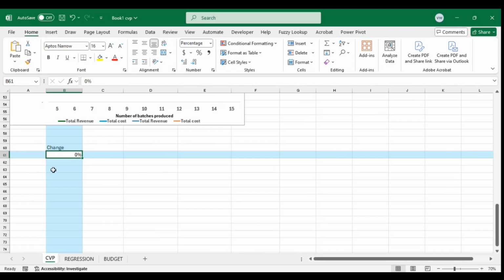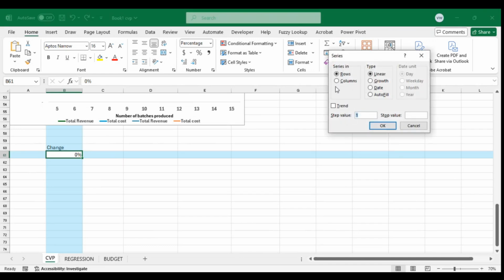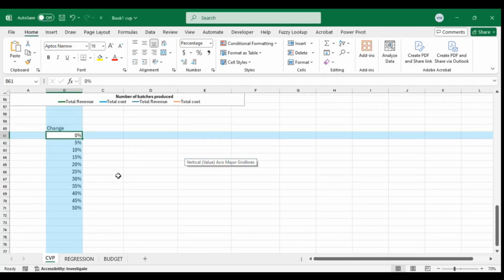So if there is a 5% change all the way up to 50, let's see if we can use the fill series for that. But if you can just enter it manually, there's no problem also. You don't need to complicate things. So let me say this is 5%, and I want it to run all the way up to 50%. Okay, that one is still okay.